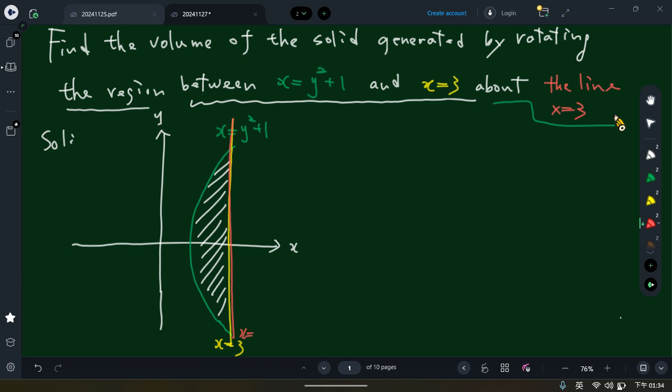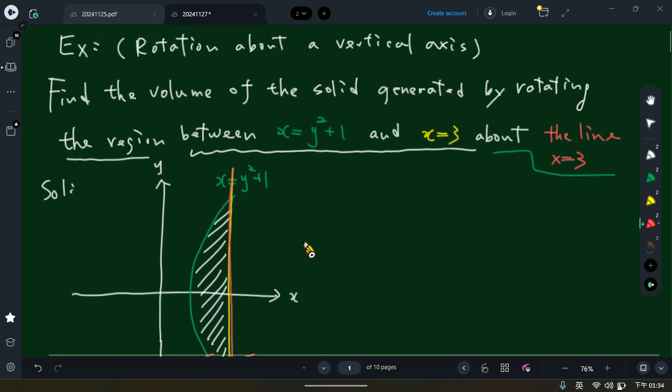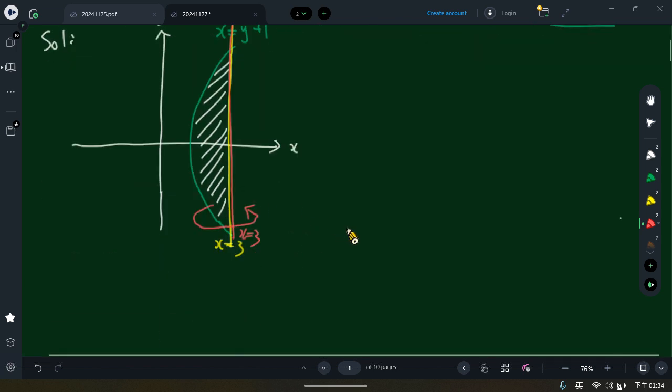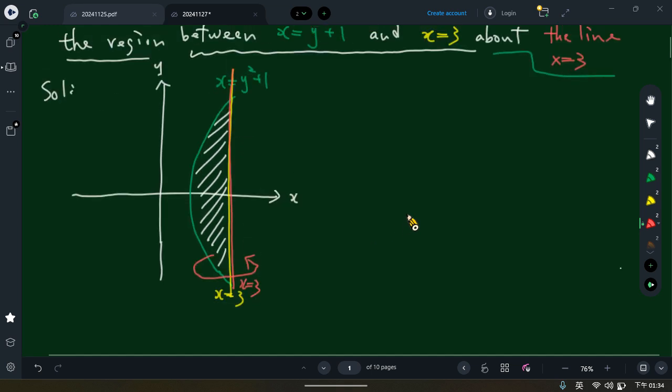So this is also its rotation axis, and we want the volume by rotating this plane region about this vertical axis. So the first step we already finished.